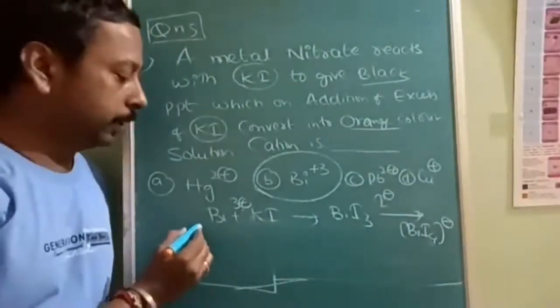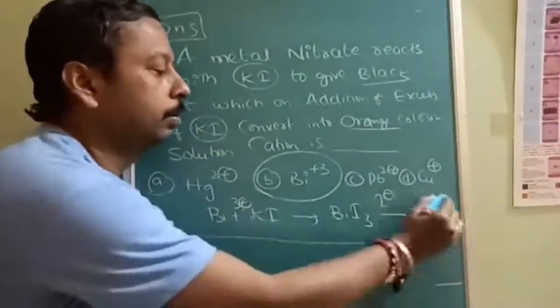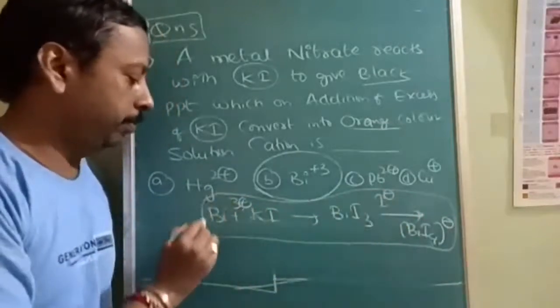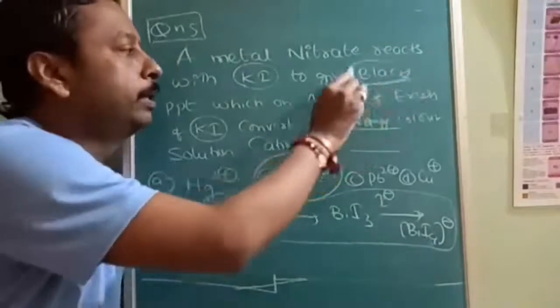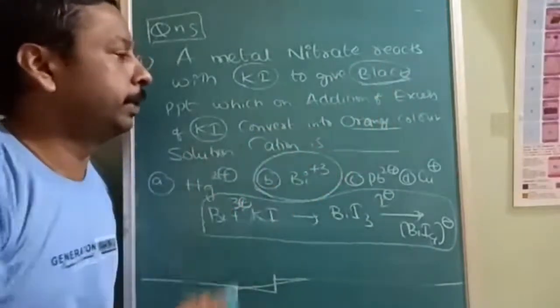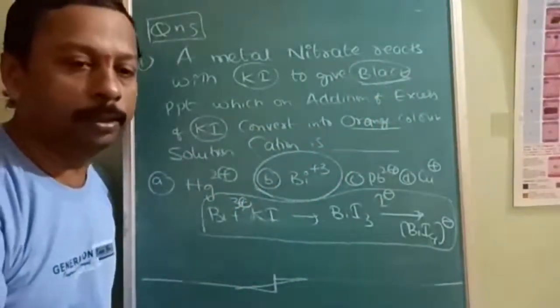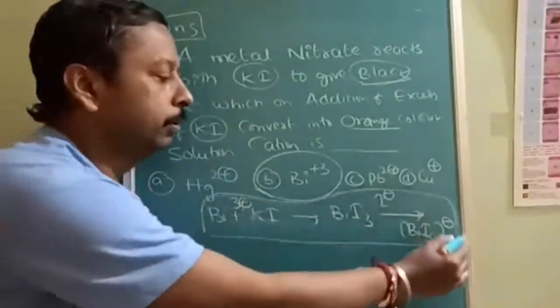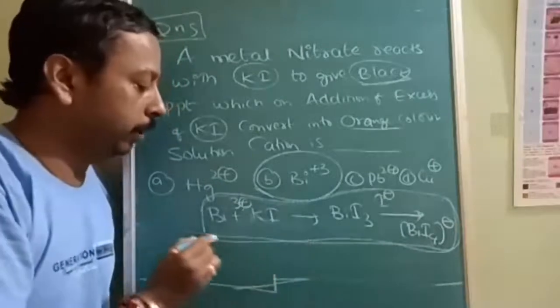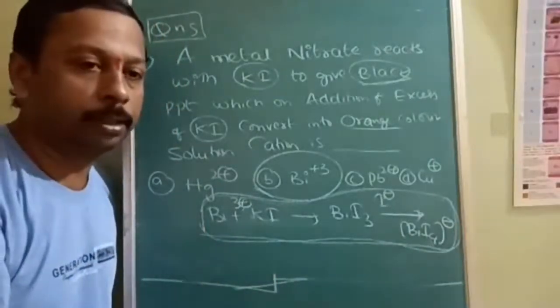This is the answer with explanation. Note down a very important thing: the sequence also you should remember. Initially black, with excess orange color. If not done yet, at least note down through the questions also. You can learn many things in qualitative analysis.